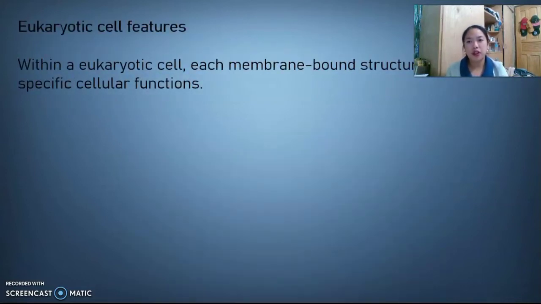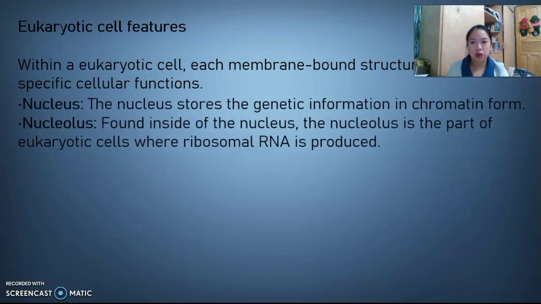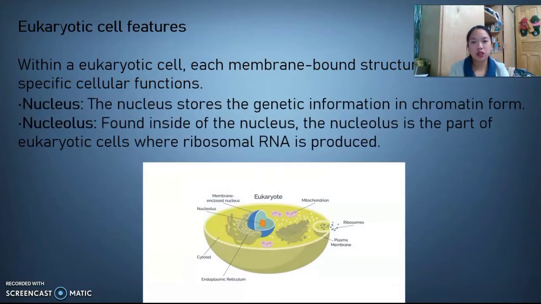Eukaryotic cell features. Within a eukaryotic cell, each membrane-bound structure carries out a specific cellular function. The nucleus stores the genetic information in chromatin form.